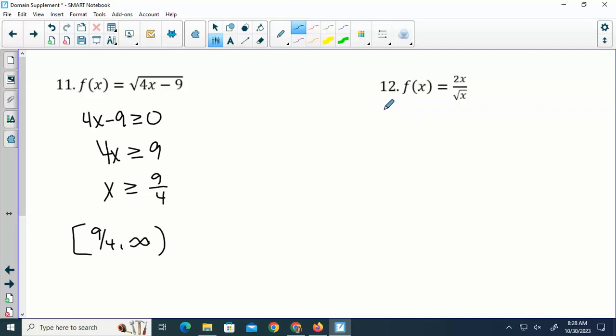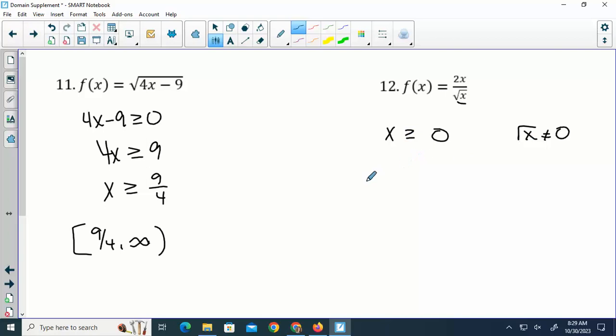Okay, we kind of have a couple things going on here. We have a fraction, so we know the bottom can't be 0. And we also have a radical, which means the thing underneath the radical is greater than or equal to 0. So my thing under the radical is x, so that's greater than or equal to 0. Since it's on the bottom, though, we know that the square root of x can't be 0.